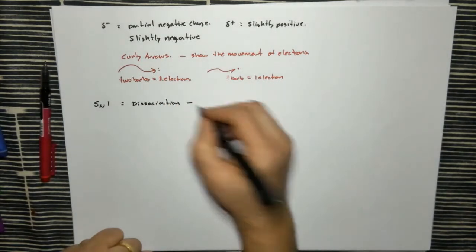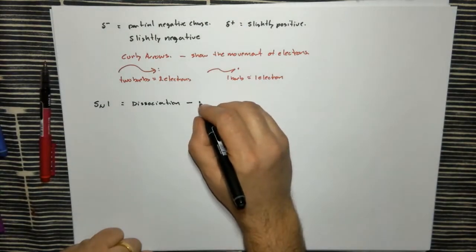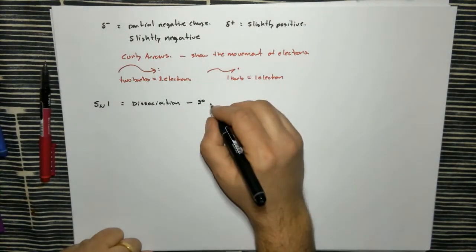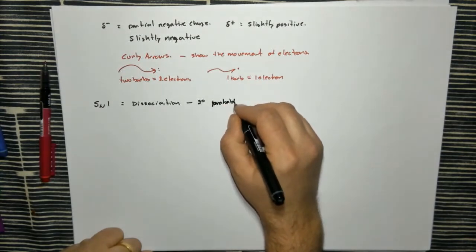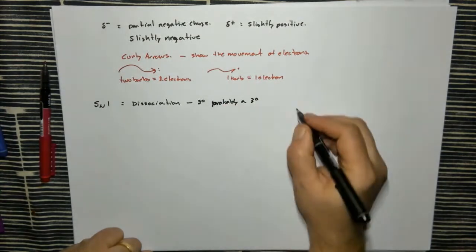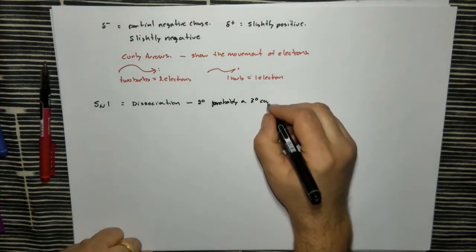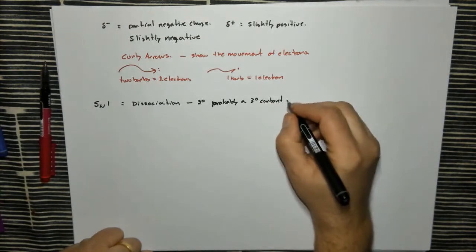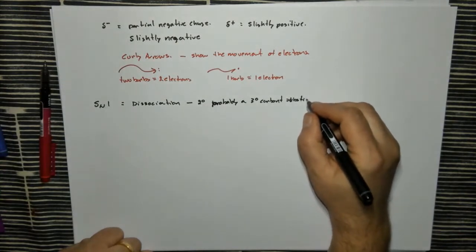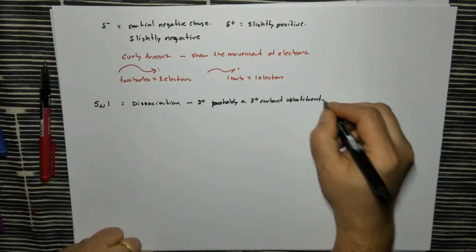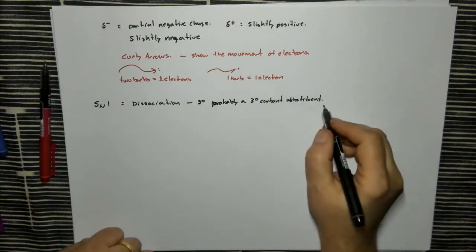That implies it's probably going to be at least a secondary, but probably a tertiary carbon substituent.